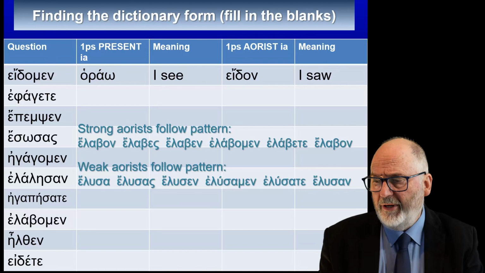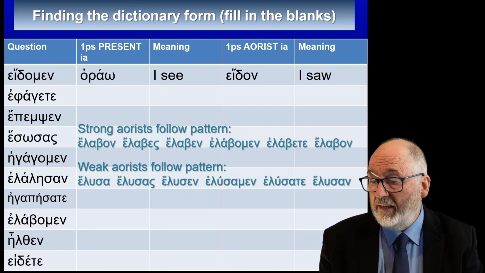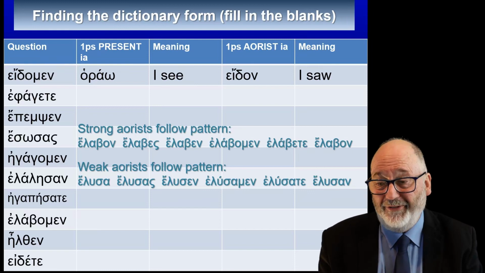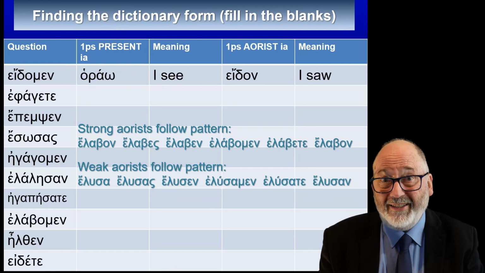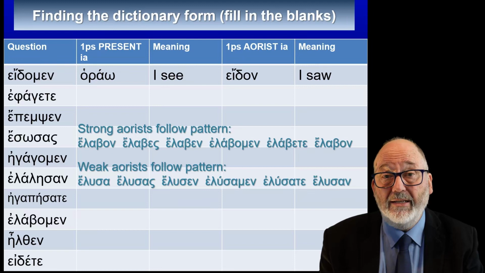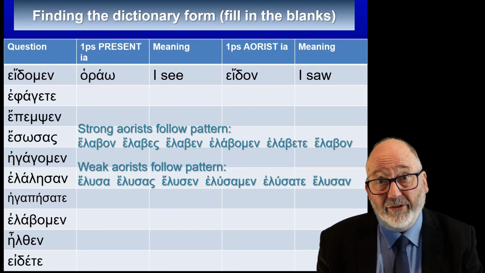A bit tricky, because elaben finishes with epsilon nu, and elusen finishes with epsilon nu, but we have a sigma involved. Epempsen, is there a sigma involved there? Well, yes, there is. It's hidden in the psi. So that, in fact, is a weak aorist. Esosas, well, that's easier, isn't it? The -sas ending is clearly the ending of a weak aorist. Agagomen, well, again, that's a strong aorist.